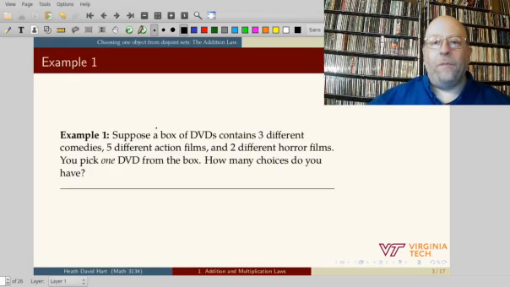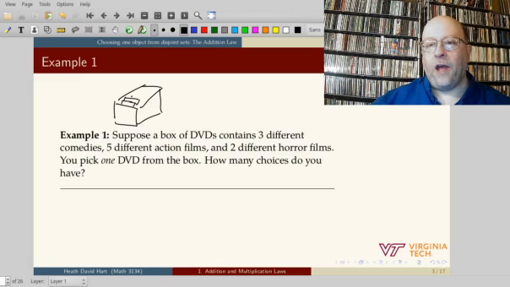Suppose we have a box of DVDs, and this box contains 3 different comedies, 5 different action films, and 2 different horror films.